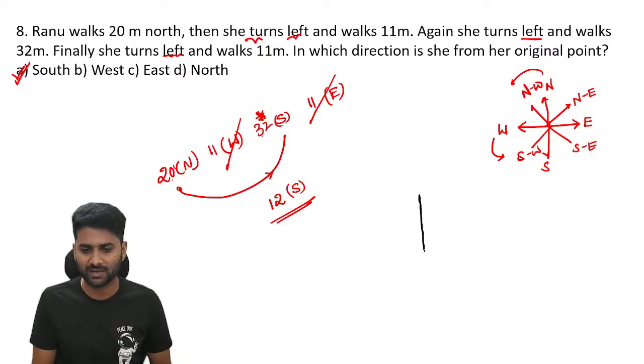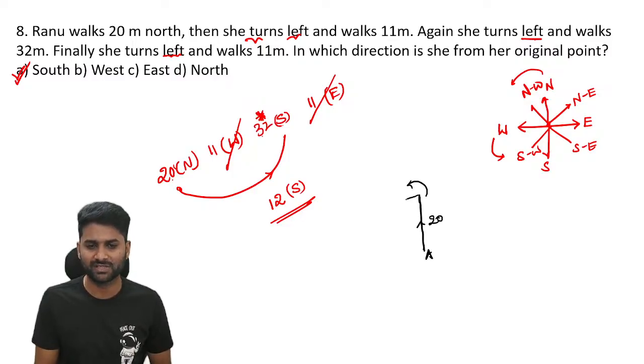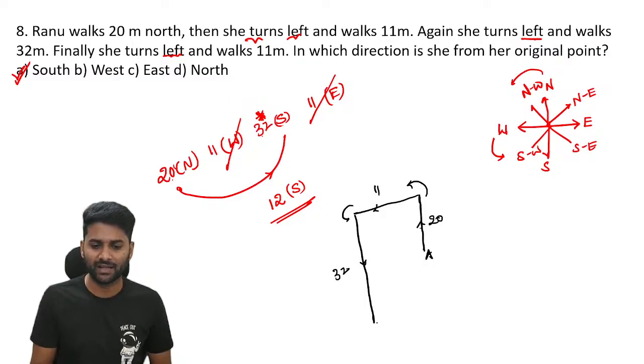If you want the picture, I will draw the picture for your reference. Initially, this is the starting point and she covers 20 meters north. A left turn is always anti-clockwise direction, walks 11 meters. Again turns left, anti-clockwise direction, 32. It should be more than this line, 32. And finally again left anti-clockwise and covered 11. Since it is an 11 line, this final point and A must be in the same line.